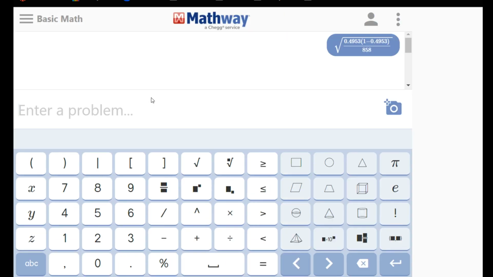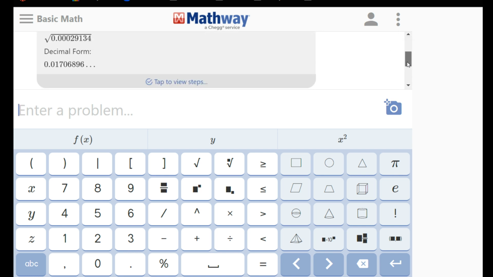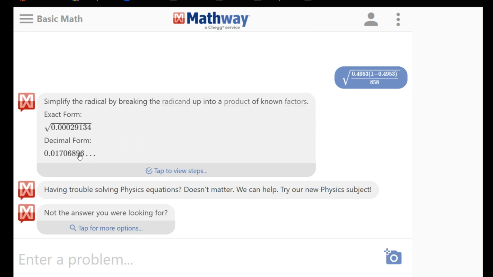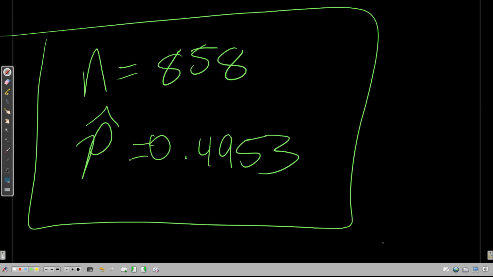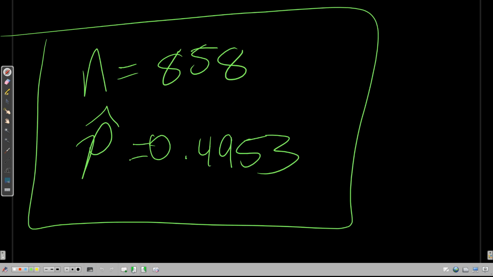And I hit enter, and it's supposed to calculate the answer for me. All right, so there I am, 0.017, and then I'll round it to 4 decimal places, 0.0171. Excellent. I have now learned that my error, or I'm sorry, not my error, this thing, the green number is 0.0171.